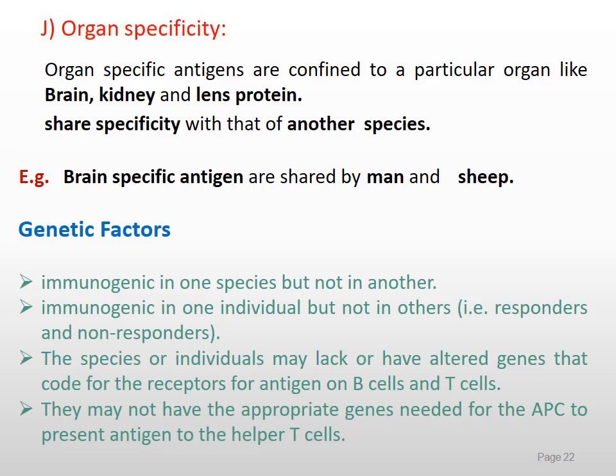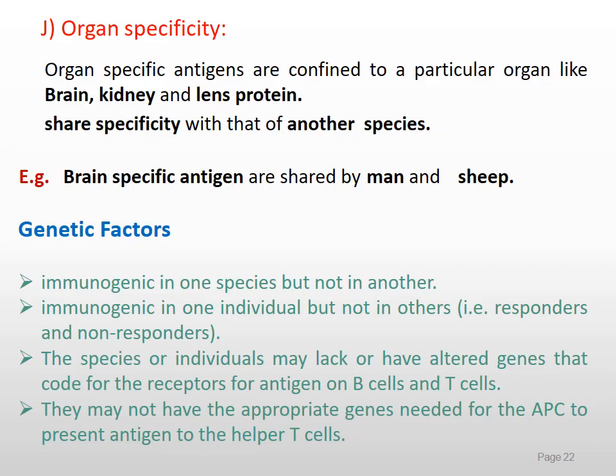So they are present in the kidney of human beings, the kidney of another animal, the kidney of another species of animal. So they are organ specific but not species specific. Examples include the brain specific antigen, which is shared by humans as well as sheep.